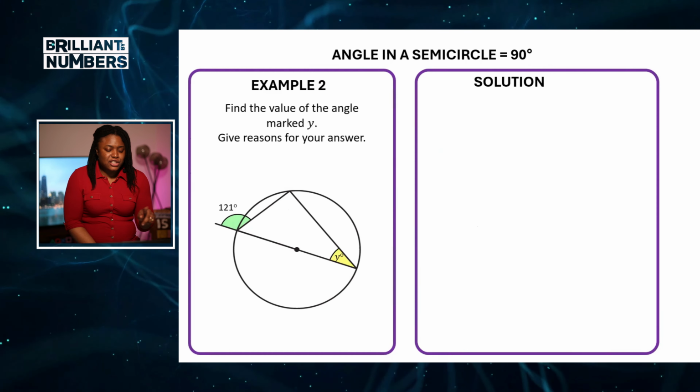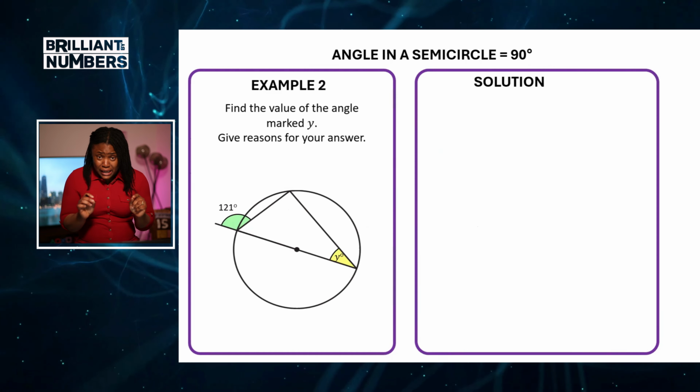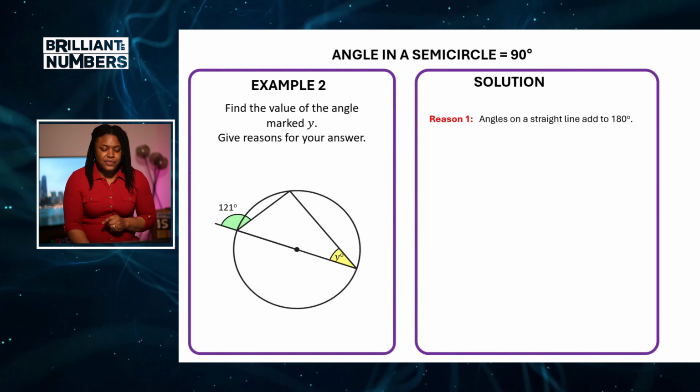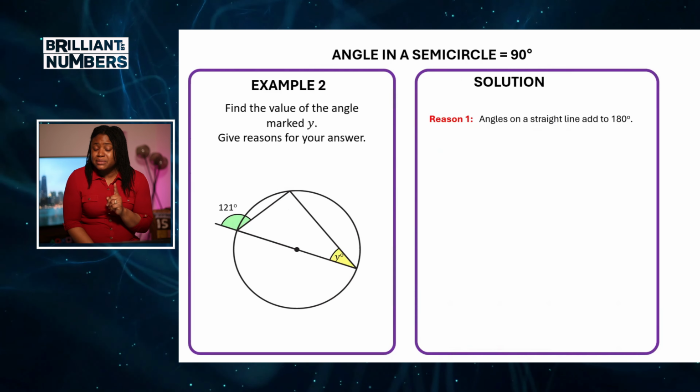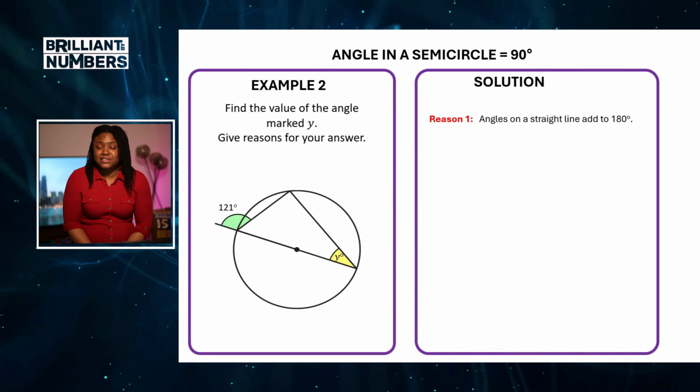So we need to ask ourselves, what other skill, apart from the theorem, do I need to apply here? The first reason I'm going to give is that angles on a straight line add to 180 degrees. So I can use that to find this missing angle, which will be a part of the puzzle that I need to finish the question.